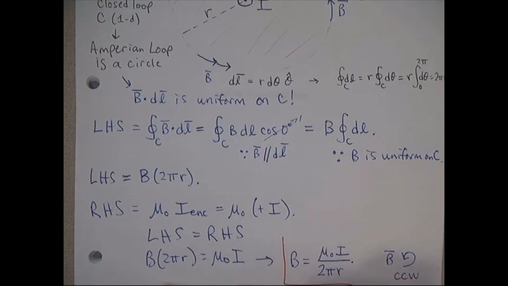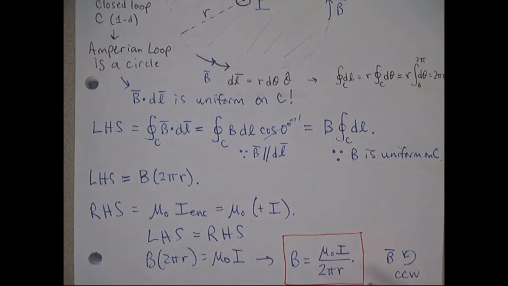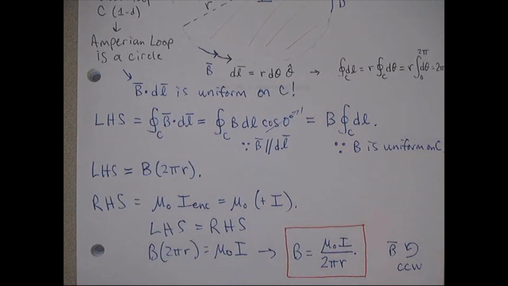You've seen and derived this result once already using the Biot-Savart law, where we computed the magnetic field for a finite length of wire, and then we stretched out the wire to have infinite length, obtaining this result here. So our first application of Ampere's law has been verified.